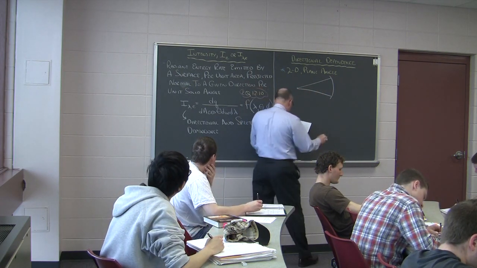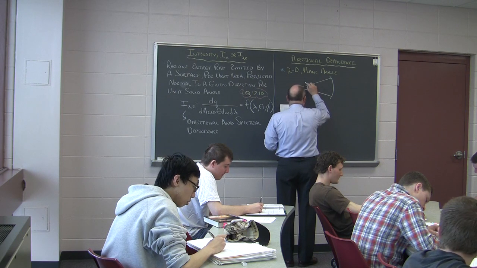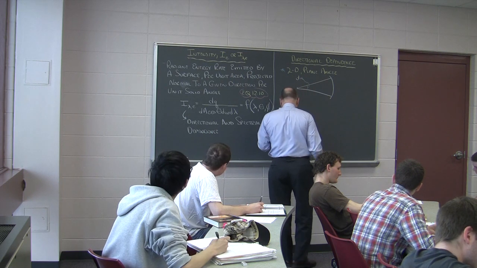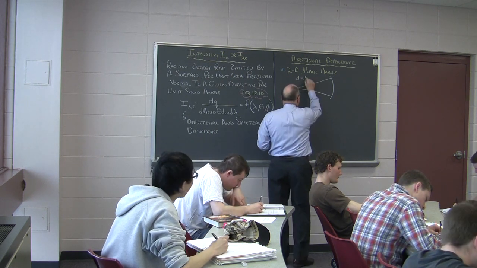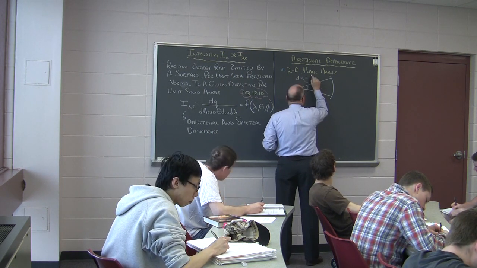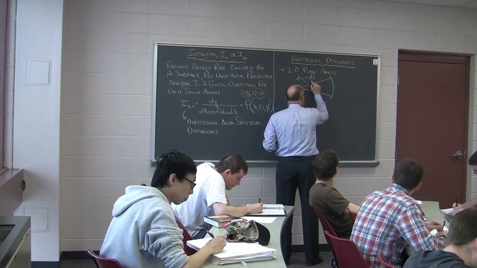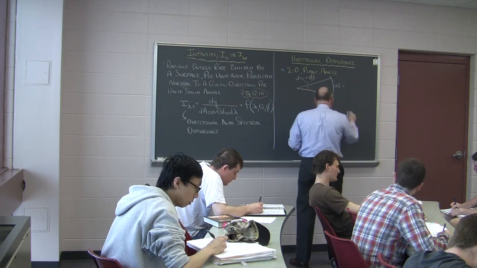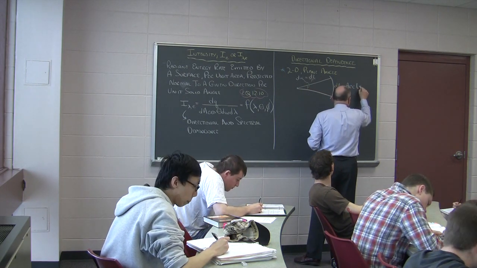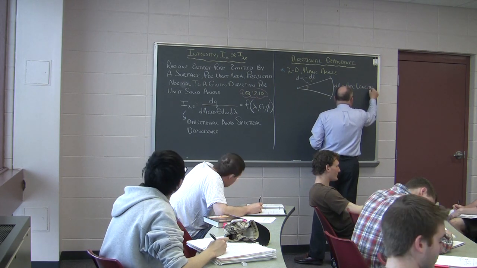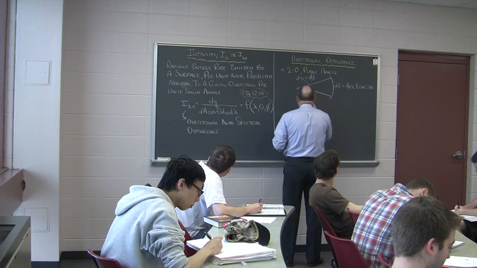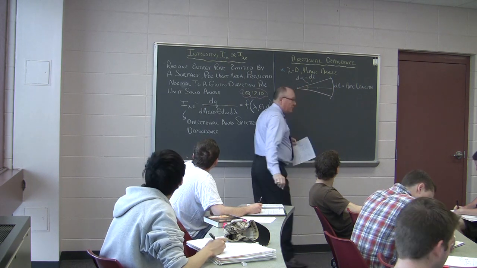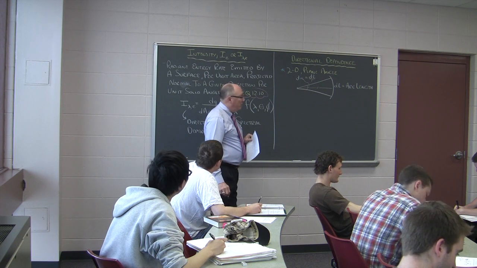Here's our angle, this is going to be d alpha, and we'll define that as being equal to dl divided by r, where dl is the arc length, and r is the radius from the projection point to the surface.